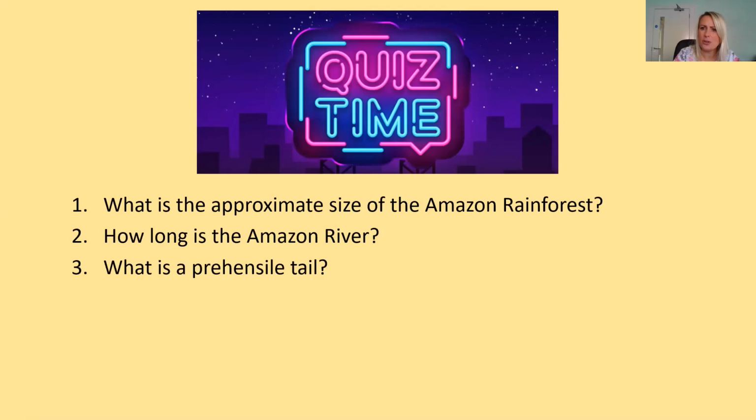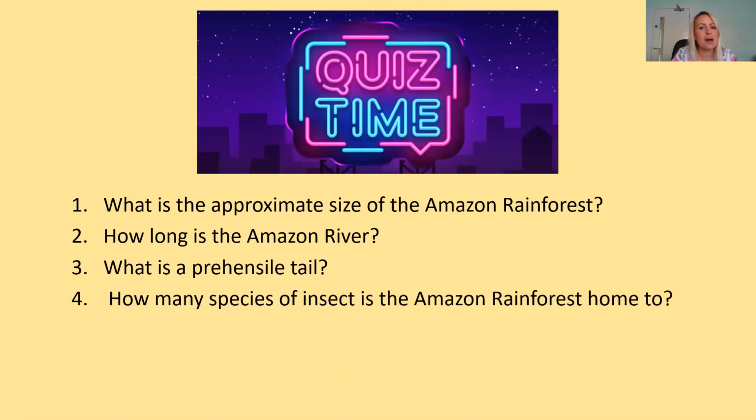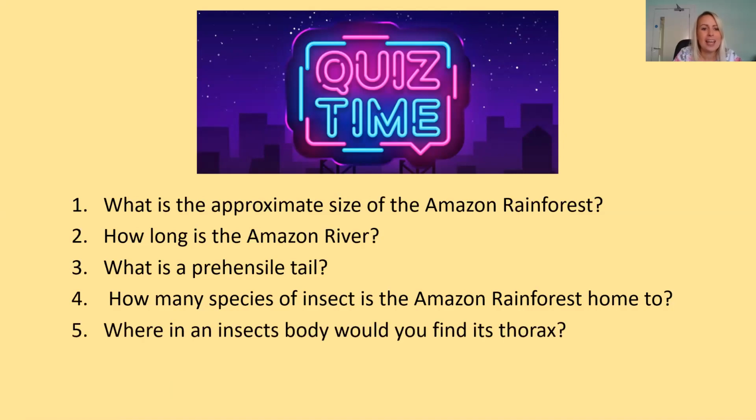What is a prehensile tail? Question 4. How many species of insect is the Amazon rainforest home to? And lastly, question 5. Where in an insect's body would you find its thorax?